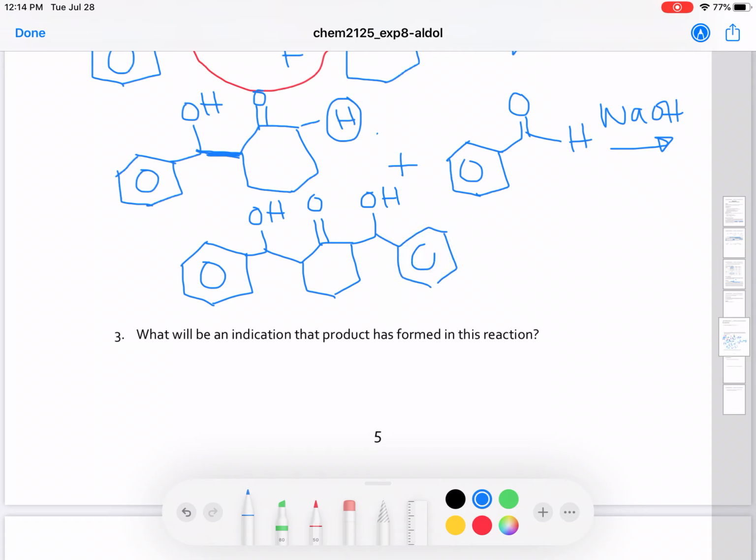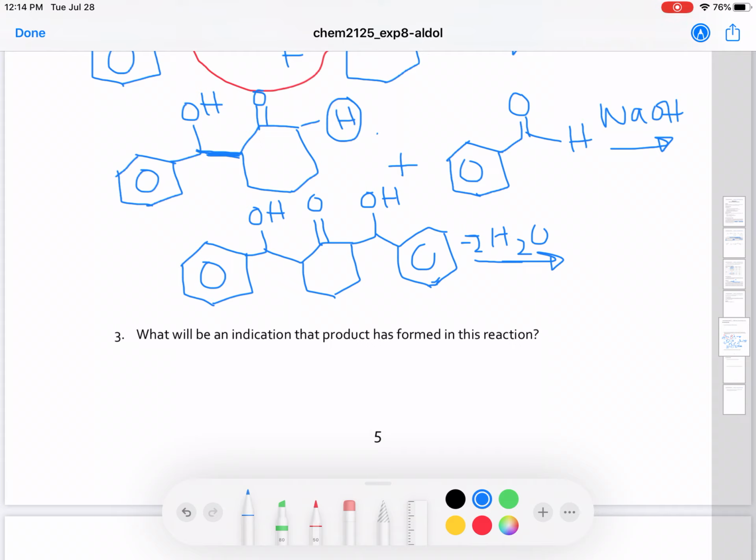This is your reaction scheme. And then what's going to happen? Condensation is where you lose a water molecule. In fact, you're going to lose two water molecules, to give you the condensation product.